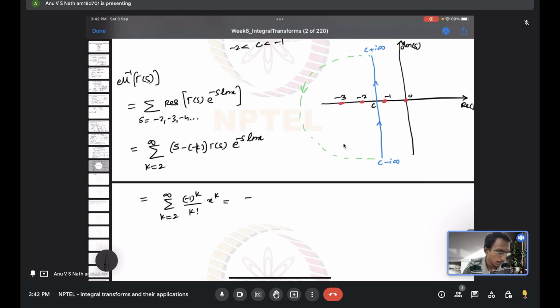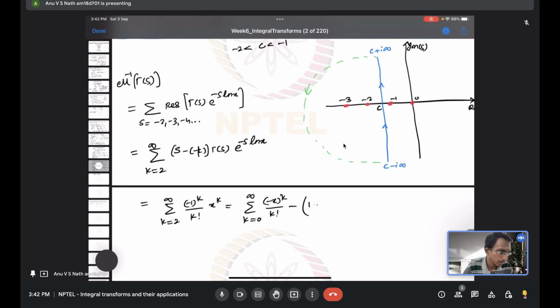Again you can rearrange this as the sum from 0 to infinity of (minus x) raised to k by k factorial, minus the k equal to 0 term, whose value is 1, and minus the k equal to 1 term, whose value is minus 1 into x by 1 factorial. So basically it's minus x.